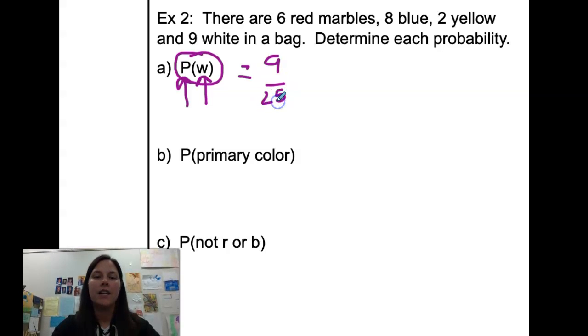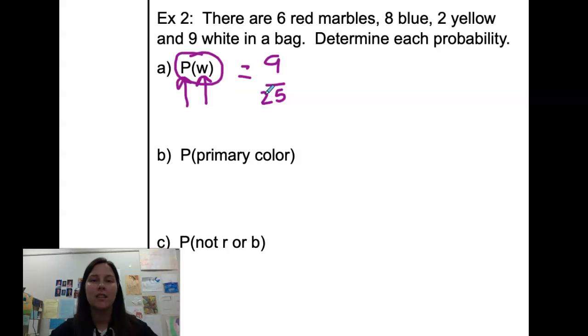So there's a 9 out of 25 chance that we pull a white marble out of this bag. 9 out of 25 is simplified, so converting that to a decimal, 9 divided by 25 is 0.36. Converting that to a percent by multiplying by 100, or moving that decimal 2 places to the right, we get a 36% chance of pulling a white marble.